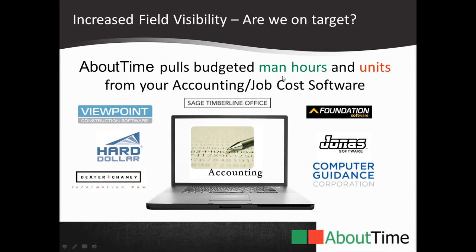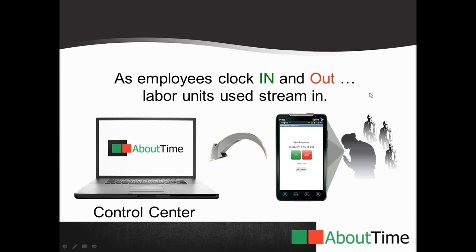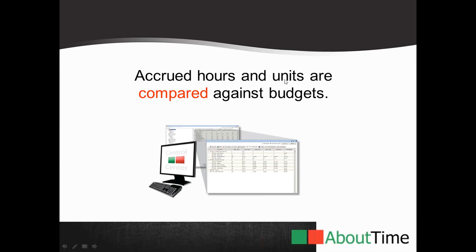We can pull budgeted man hours and even production units, if you track production units, from your accounting applications over into AboutTime. We're going to compare the units and the budgeted hours against worked or accrued hours and units.